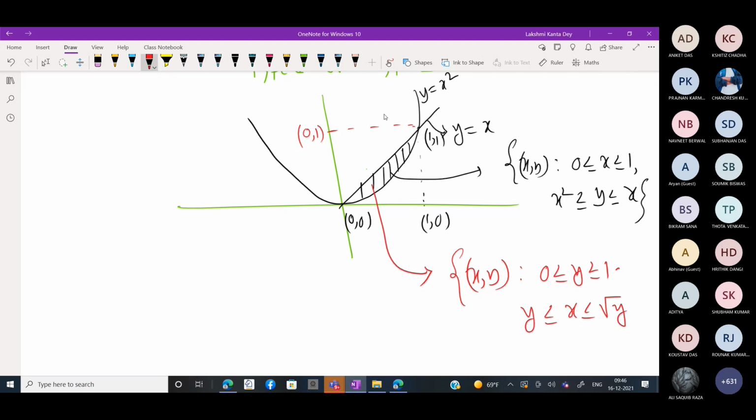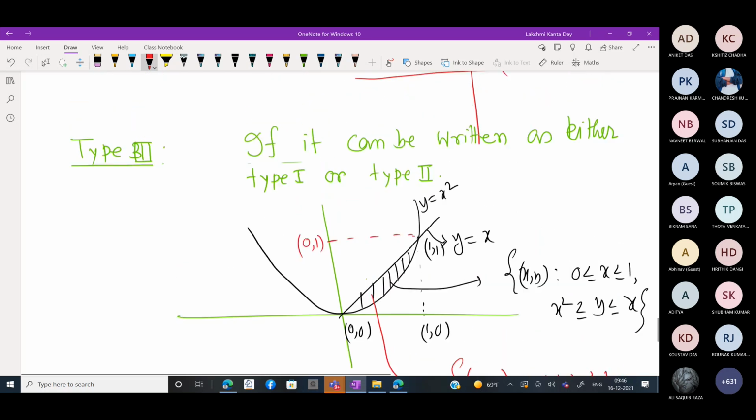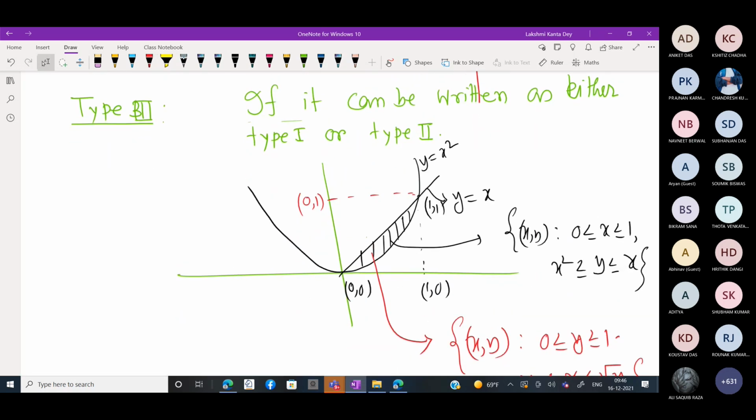So this is basically a type 2 region. So either we can write it as type 2 region or as type 1 region. Hence we can say that this is a type 3 region.